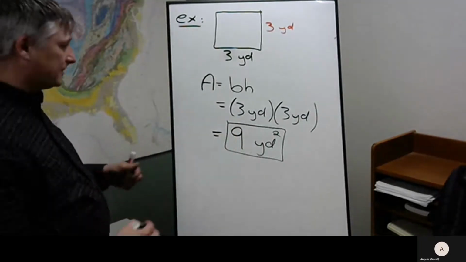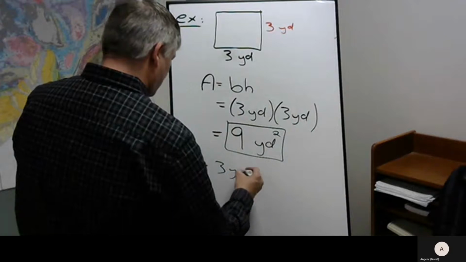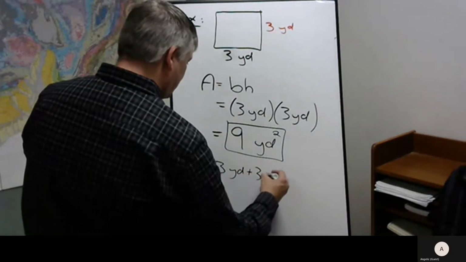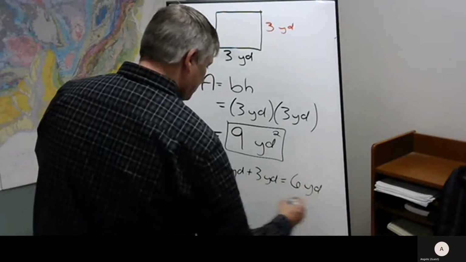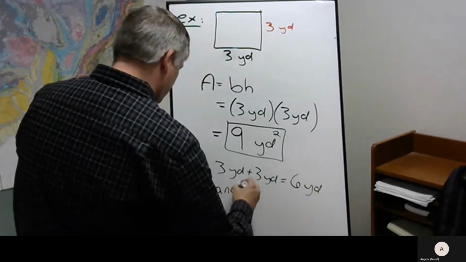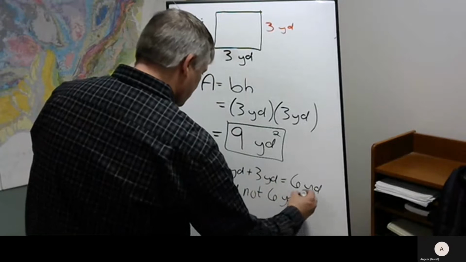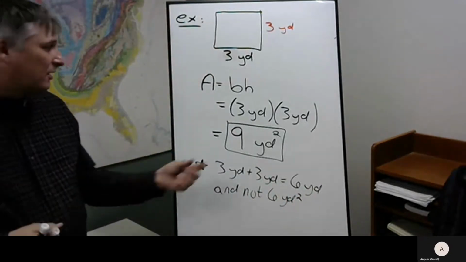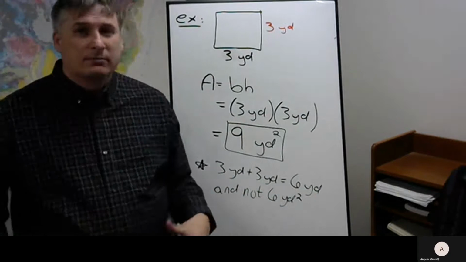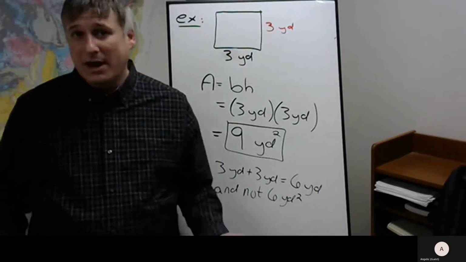And just to make another point, 3 yards plus 3 yards is just 6 yards. That's a key thing. Because we're multiplying them, we're going to get the yard squared. You can think of it as like x times x gives you x squared.